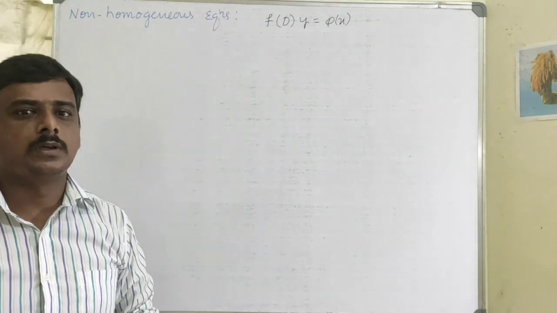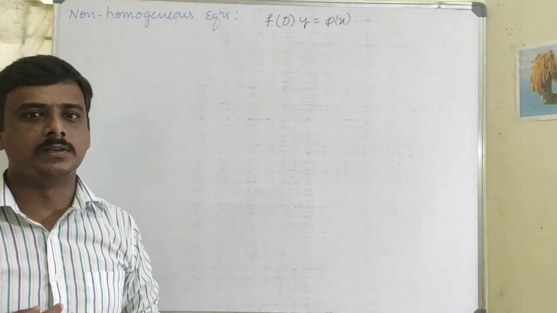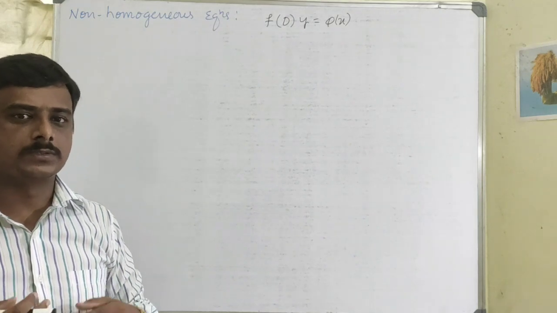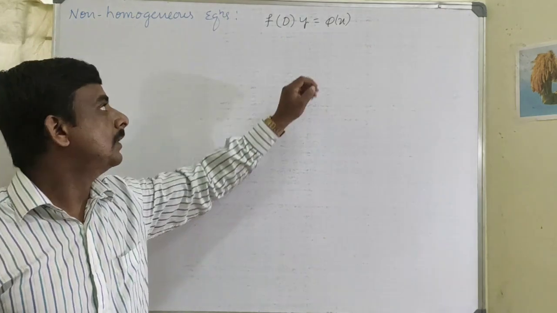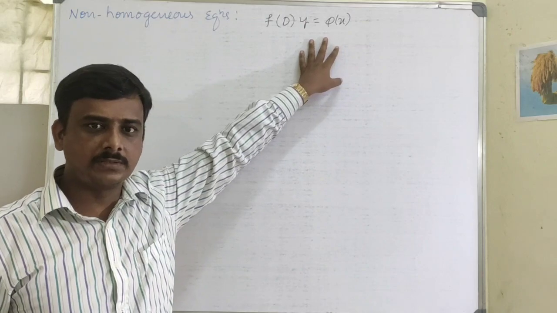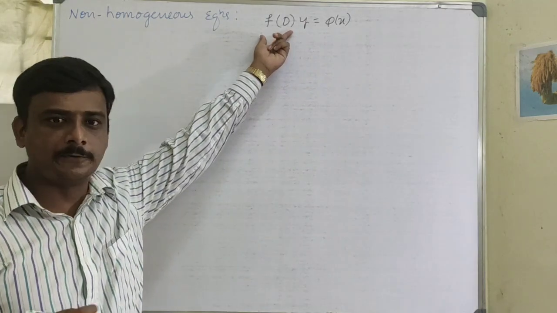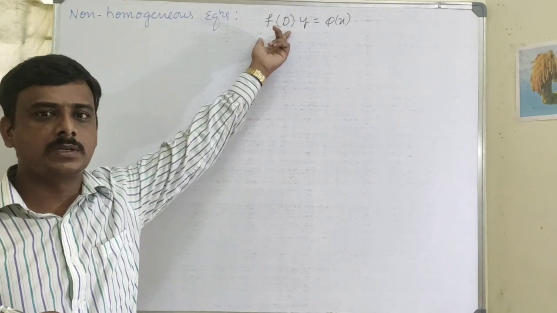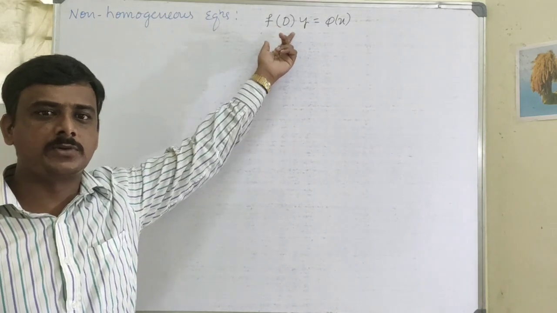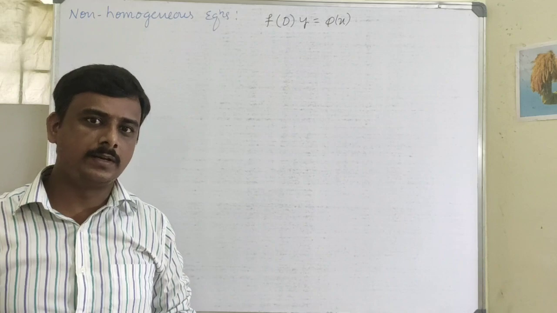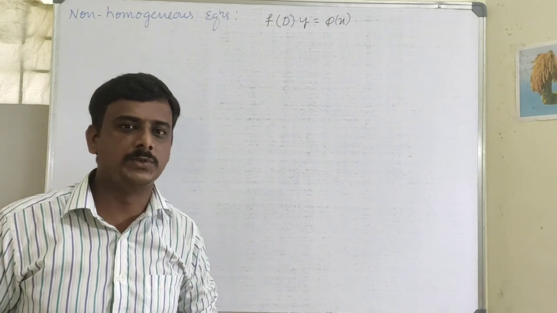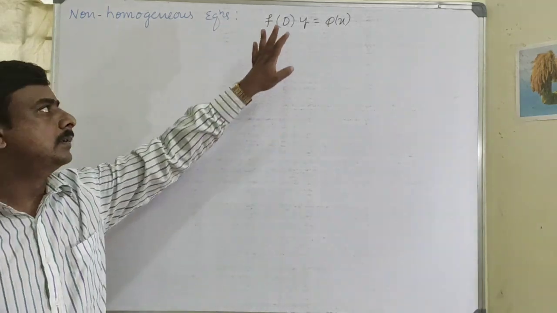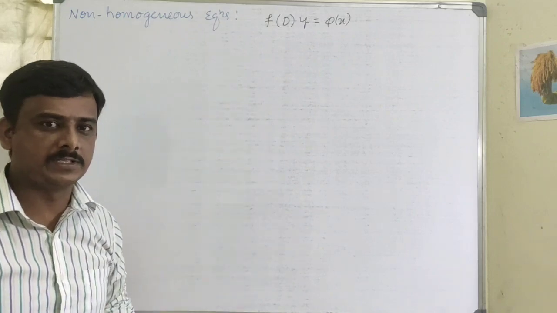We need to write the auxiliary equation, that means we have to write f of D replacing D by m, then find its roots. Then depending on the nature of those roots, we have three different cases to write the solution. That is about the homogeneous linear differential equation.